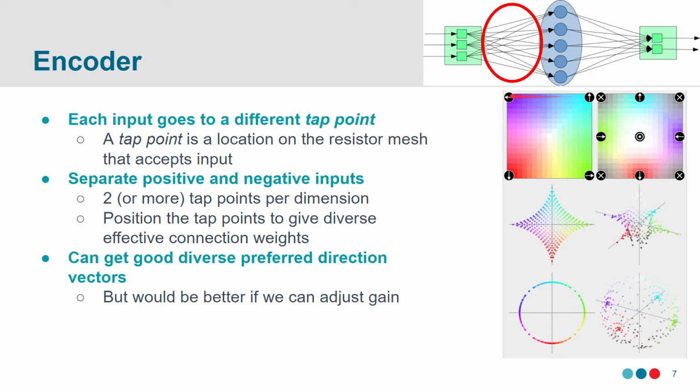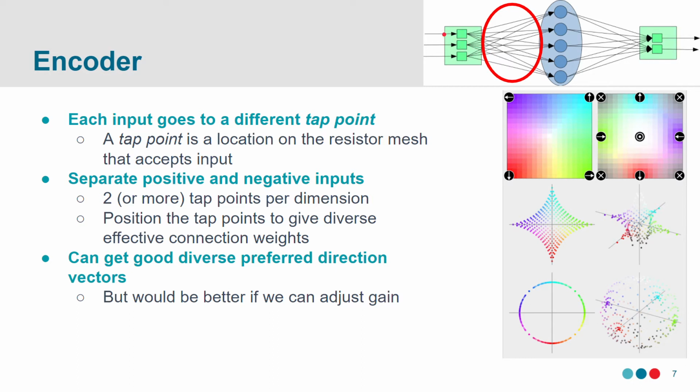And what are these arrows? What these arrows are indicating is what input goes where. So imagine a case where I've got two inputs, two values coming into my network. First of all, we're going to separate out the positive and negative side of each input.